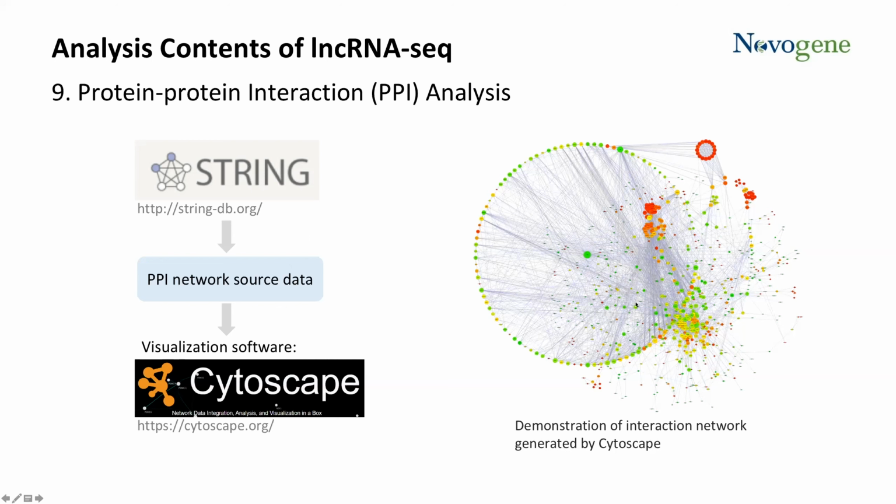Each bubble represents a transcript, and if there's any connection between two bubbles, it indicates potential interactions between those two transcripts. So with this, I've described the analysis content of our ncRNA-seq analysis. If you need more information for small RNA and circular RNA, please contact us.